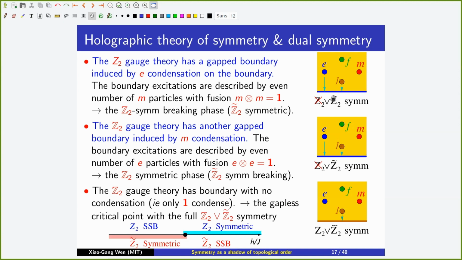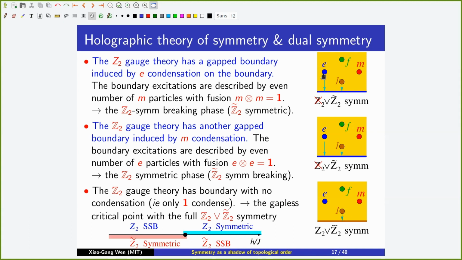So we can imagine first we have E condensation, then we try to bring M to low energy on the boundary, trying to make M condense. When M tries to condense, like a competing order, it pushes the E condensation away. So the E condensation becomes weaker and weaker, and M wants to condense more strongly.